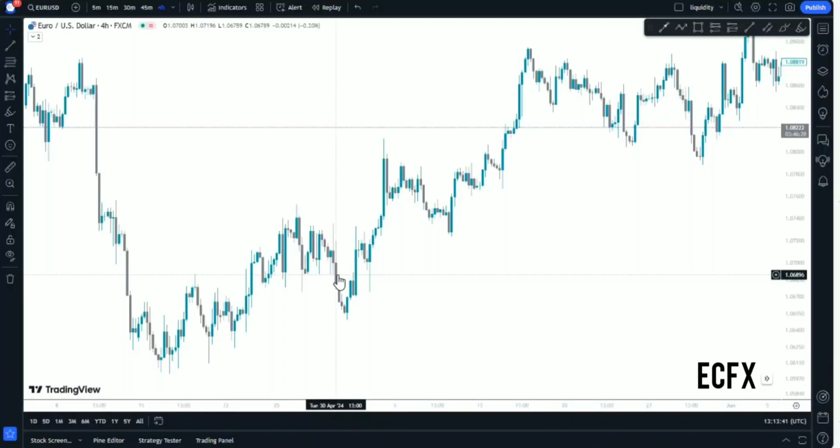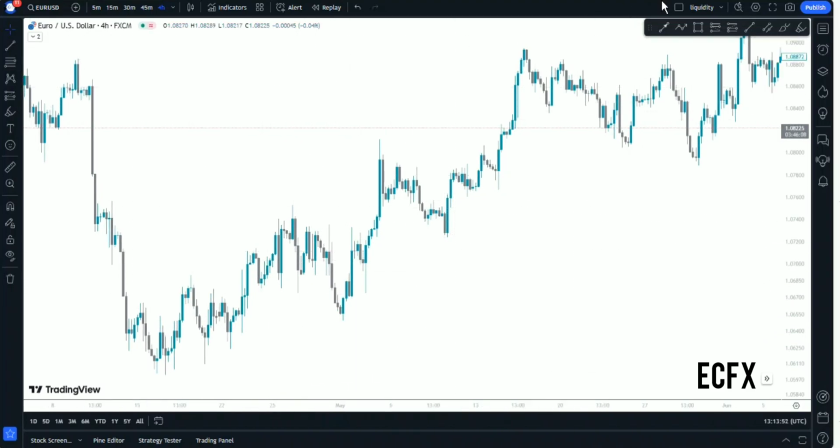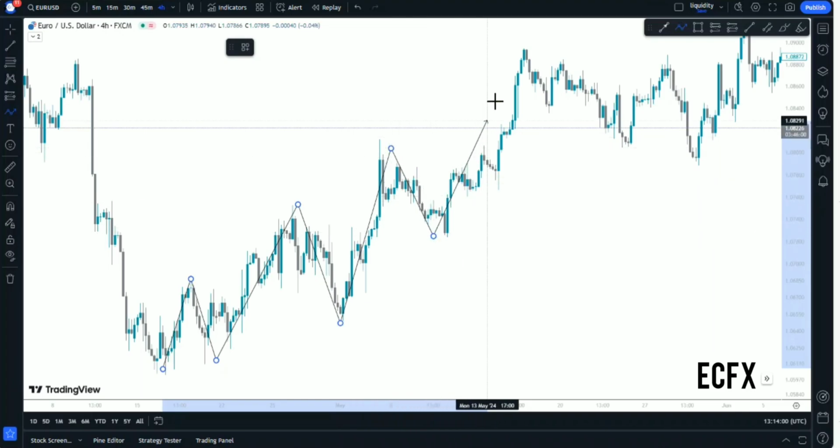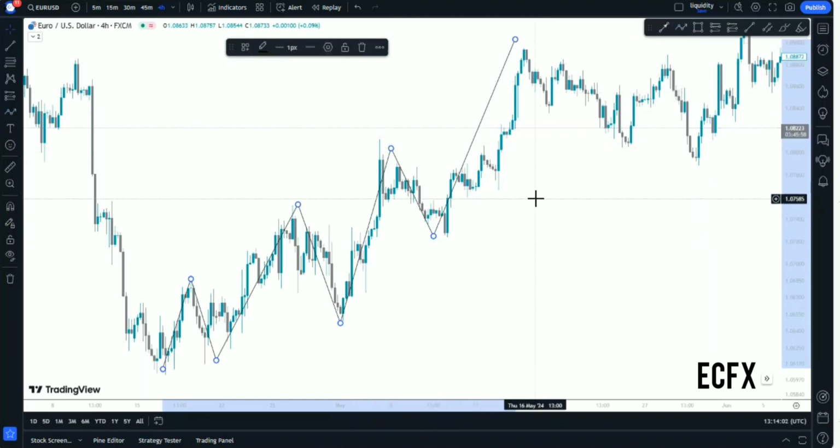This is going to be a video on how to identify the trend, or how to trade with the trend. First, we can clearly see that price from this point in time is moving in an up direction, or in bullish momentum.